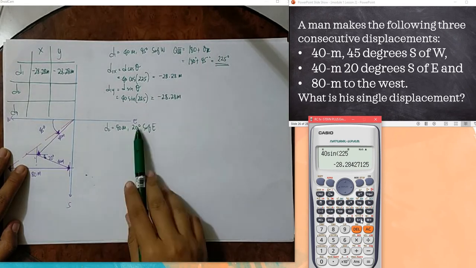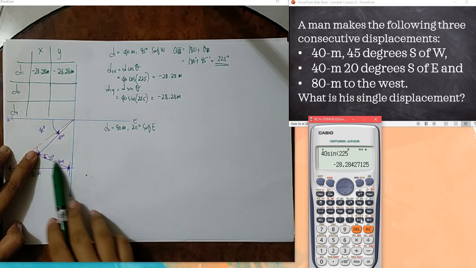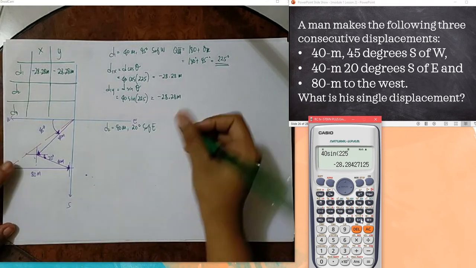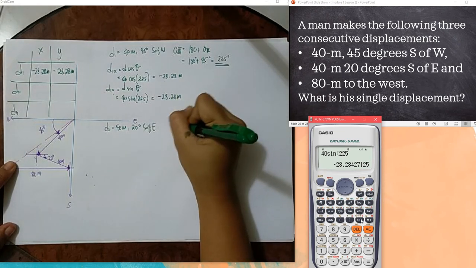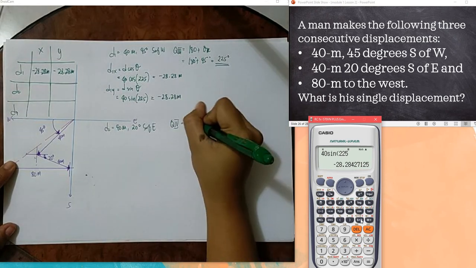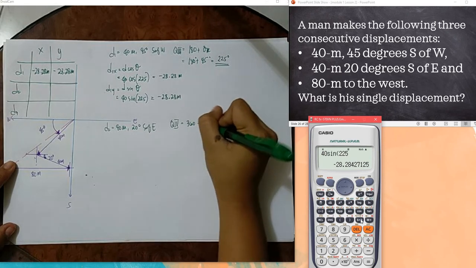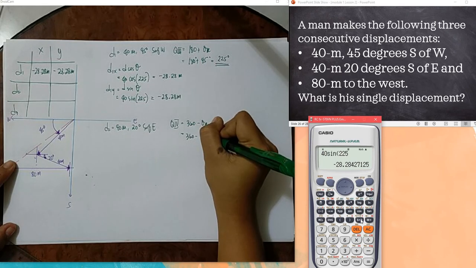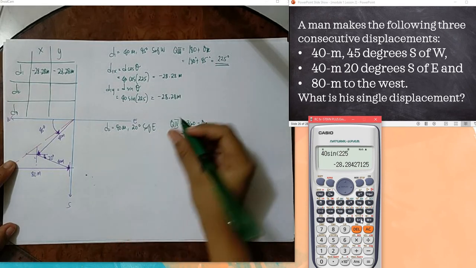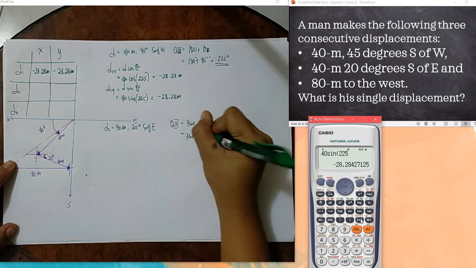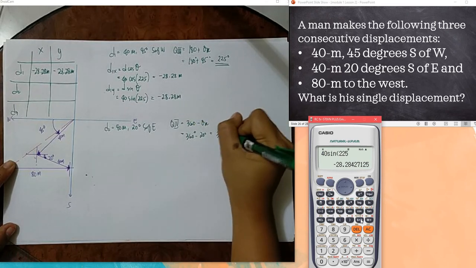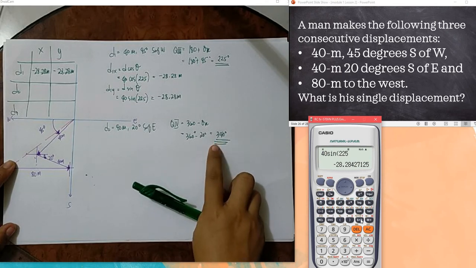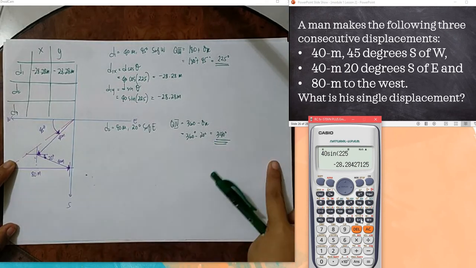Okay, south and east is in the fourth quadrant. If our reference angle is in the fourth quadrant, what will we do? Let us subtract our reference angle from 360 degrees. So we have here 360 degrees minus our reference angle, that is 20 degrees. And this is equal to 340 degrees. This 340 degrees is the angle that we will put in the equation.